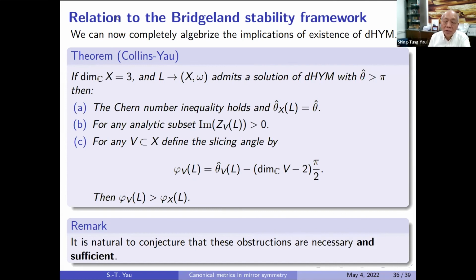For example, if you have a homogeneous manifold like an abelian variety, or a similar variety covered by some homogeneous domain, we can solve the deformed Hermitian-Yang-Mills on the domain, and since it is invariant under group action, it will descend to a solution downstairs. So we can actually solve such a deformed Hermitian-Yang-Mills by simple analysis. And then it is non-trivial to know that all these inequalities actually hold, which I think is not clear at all for abelian varieties or similar varieties.